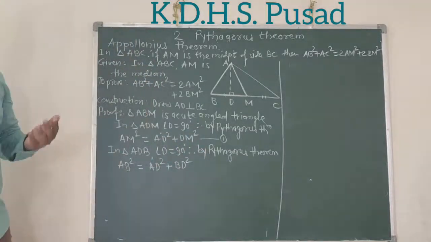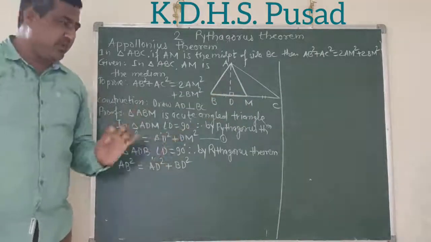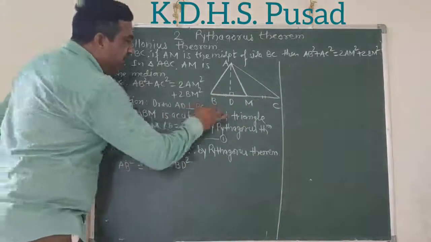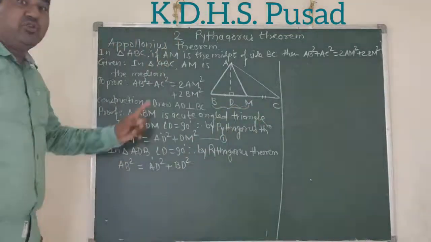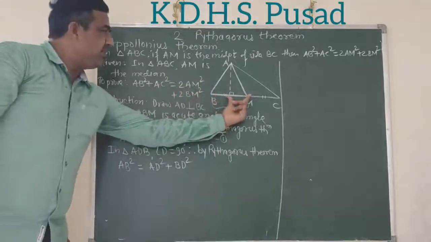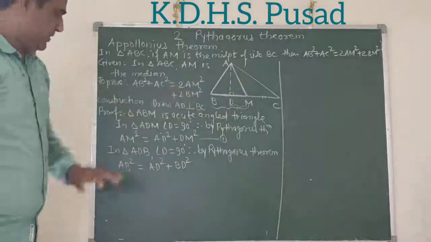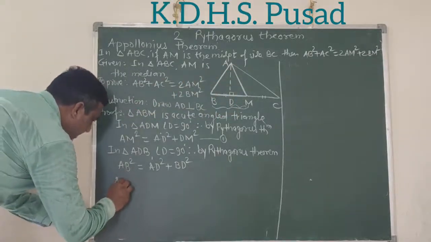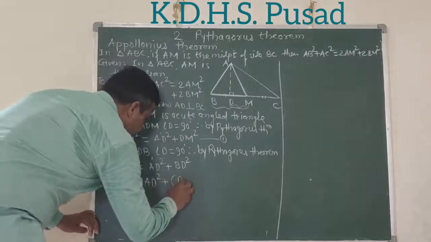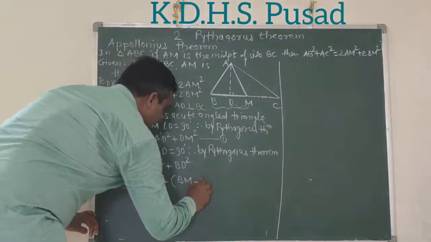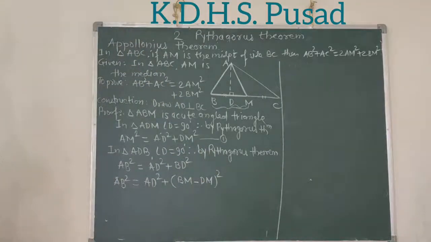Now in the question you have the median, so M is the midpoint, and we have to use this. This BD you can write as BM minus DM. So AB square equal to AD square plus bracket BM minus DM square.